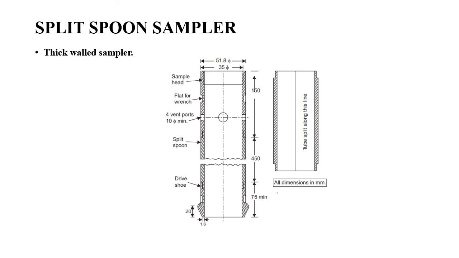This split spoon sampler will be lowered to the desired depth from where the soil samples have to be collected, and then it will be simply pushed into the subsoil.